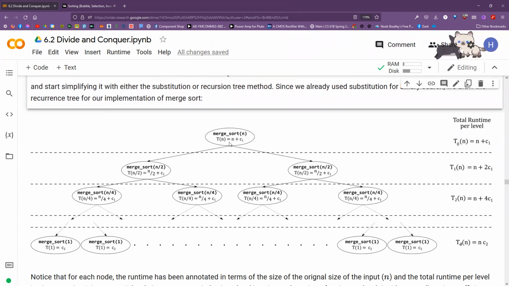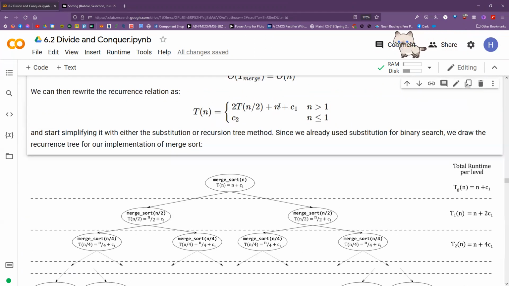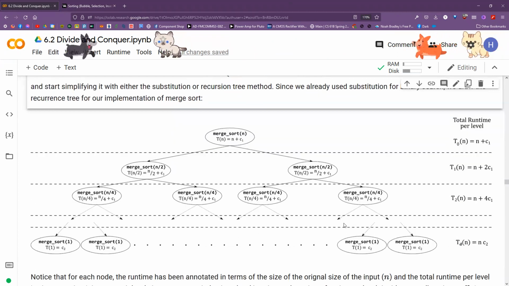So, at the top of the recursion tree, yung ating non-recursive na running time is n plus c1. And then, yung dalawang recursive call, may n over 2 plus c1 at saka n over 2 plus c1. And then, ito-call nyo si n over 4. So, may n over 4 plus c1, and so on and so forth.